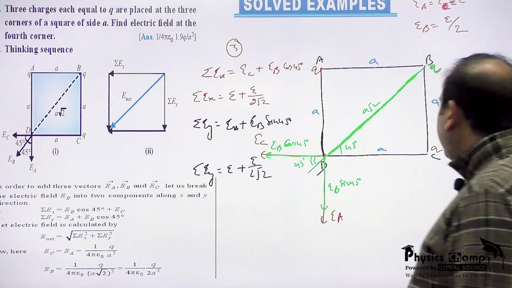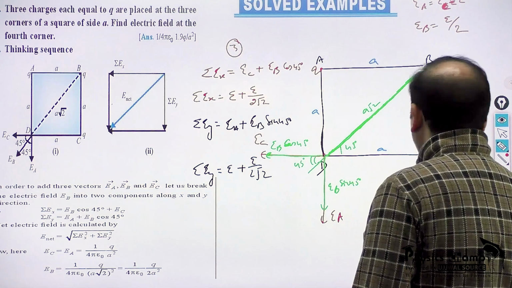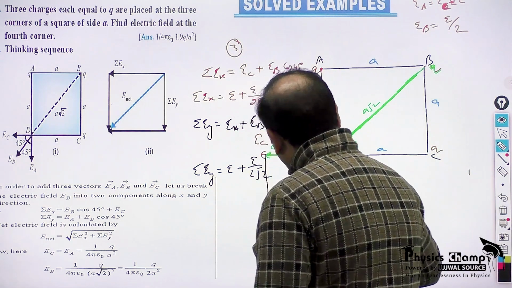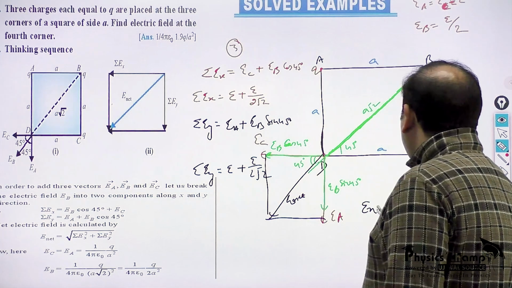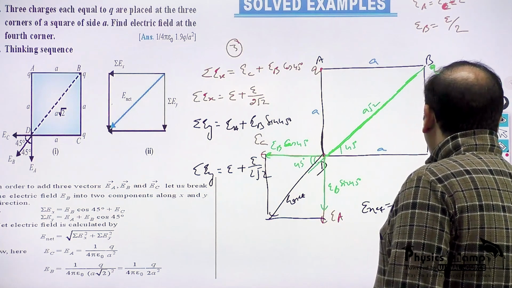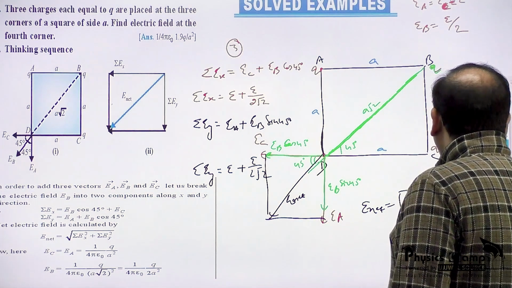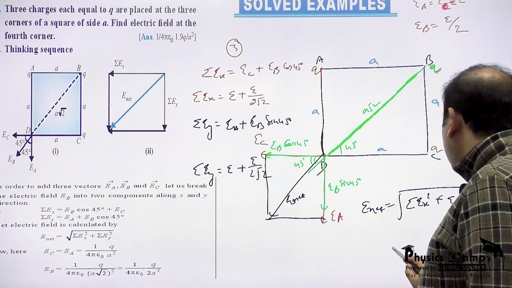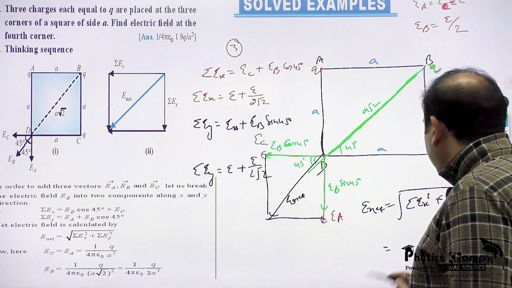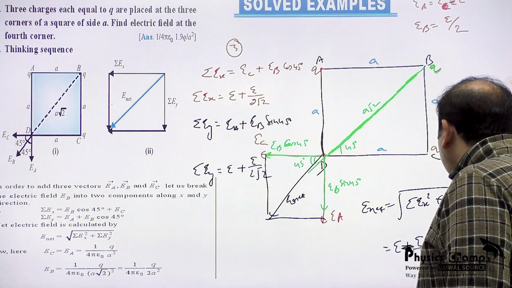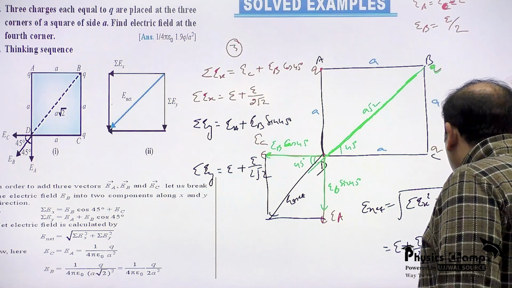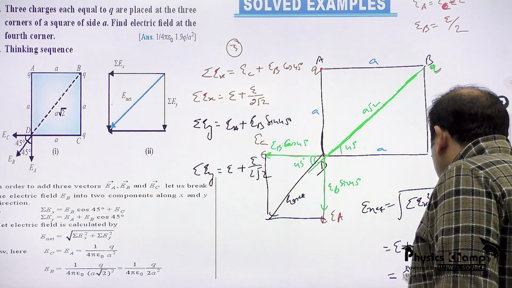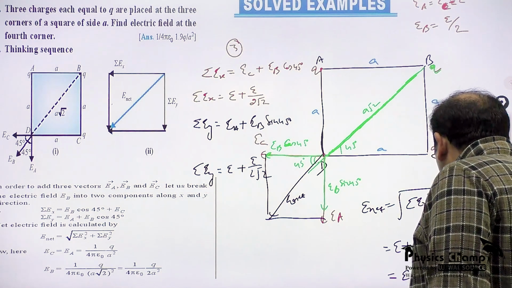And when we are looking for the net electric field here, E net will be root of sigma Ex square plus sigma Ey square, or it is E plus E by 2 root 2 into root 2. So it becomes E into root 2 plus 1 by 2.